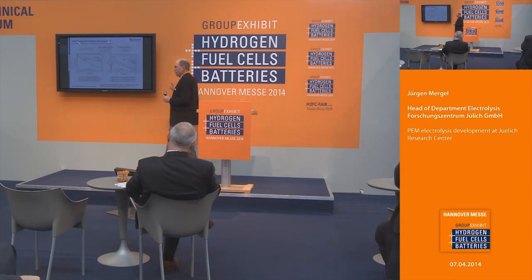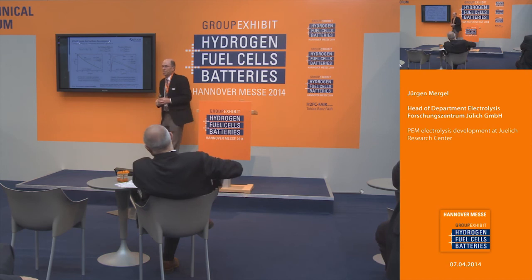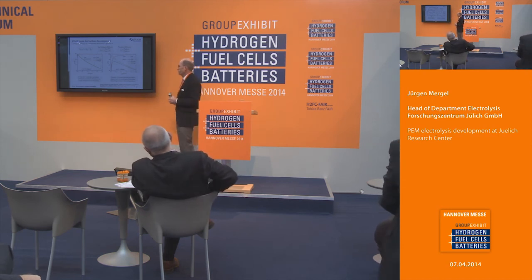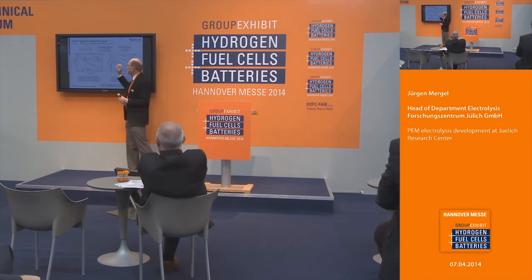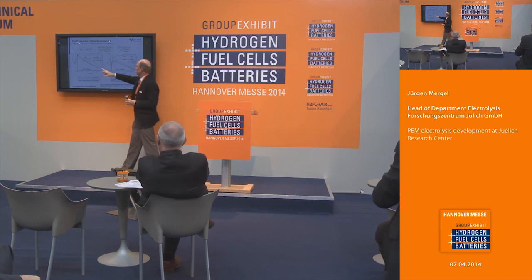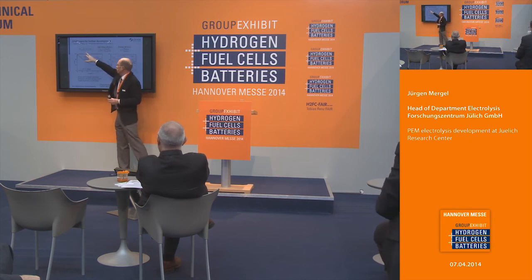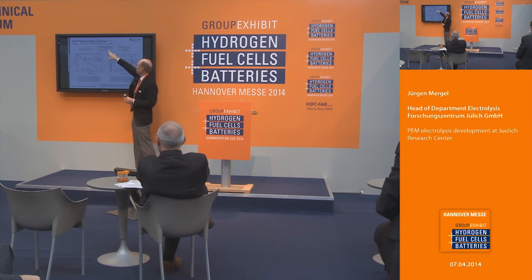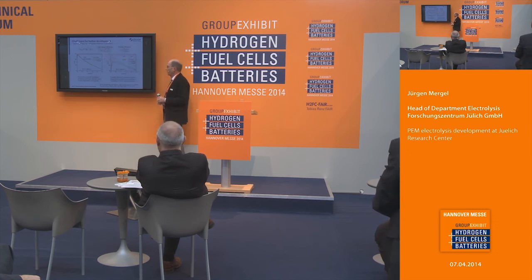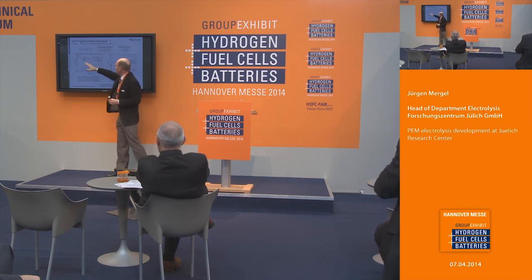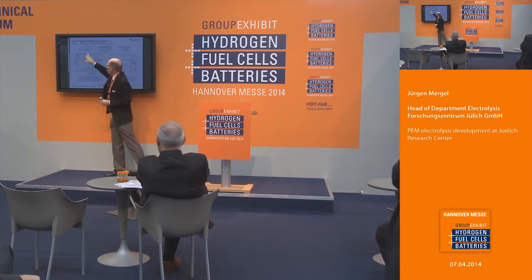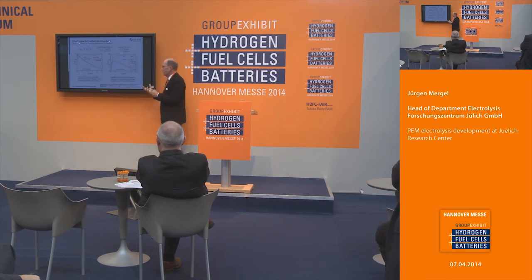And if you increase the pressure, you can see here what happens to the cell efficiency. Normally the cell efficiency is a product of the cell voltage efficiency and the Faraday efficiency. At ambient pressure, you can see the Faraday efficiency is high, so the hydrogen losses are very small.